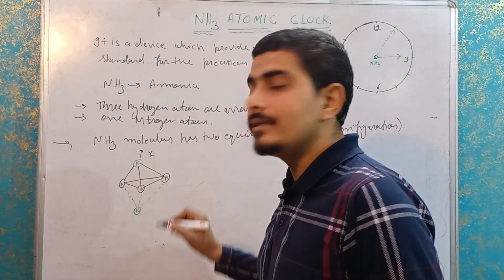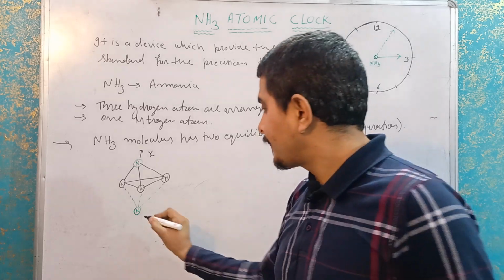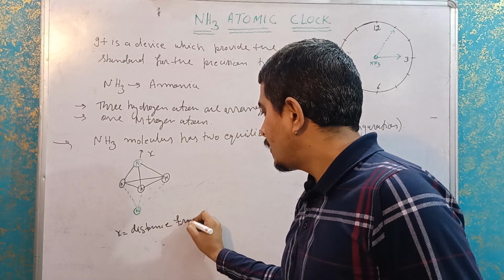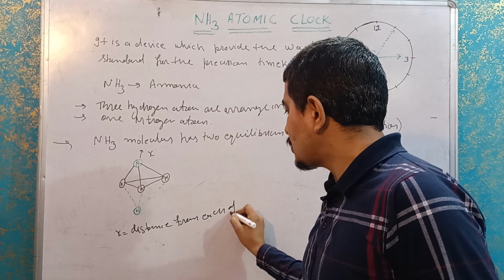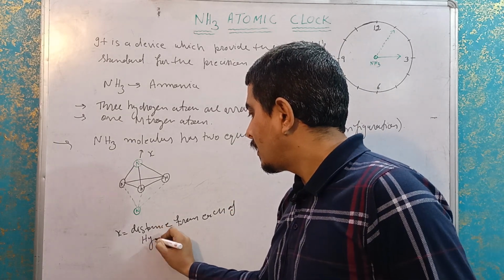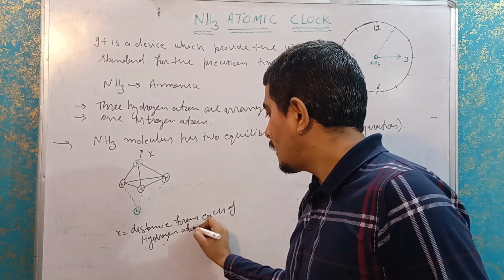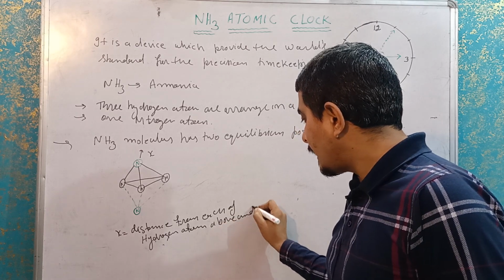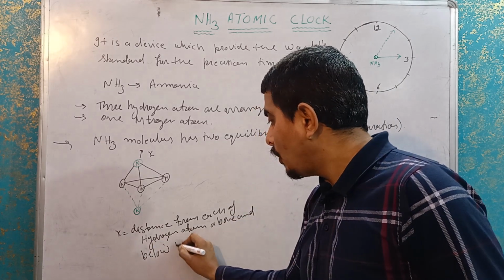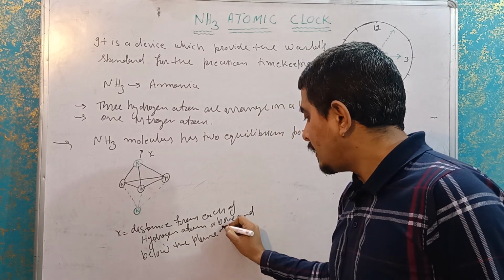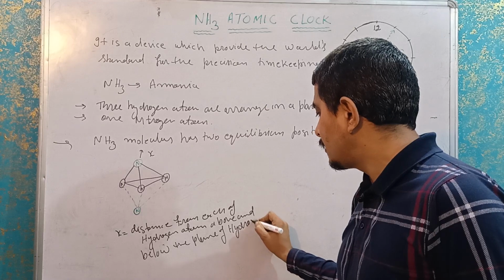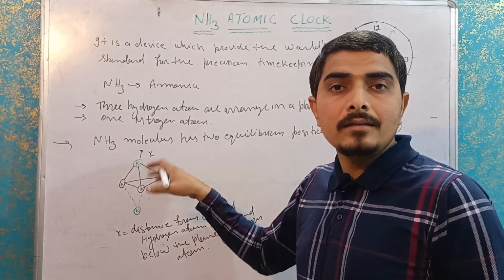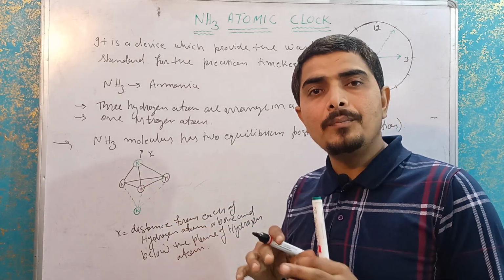This distance is x, where x is the distance from each hydrogen atom, above and below the plane of hydrogen atoms.